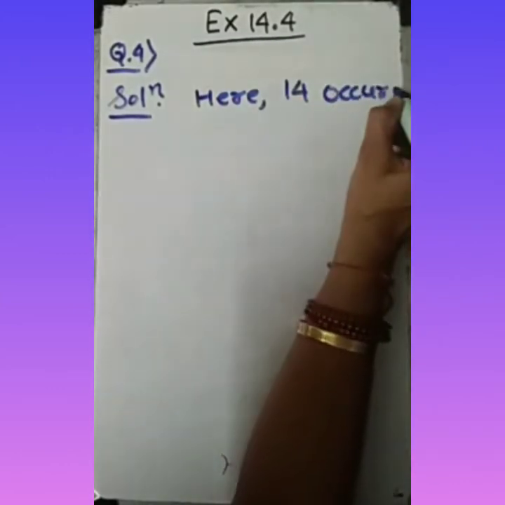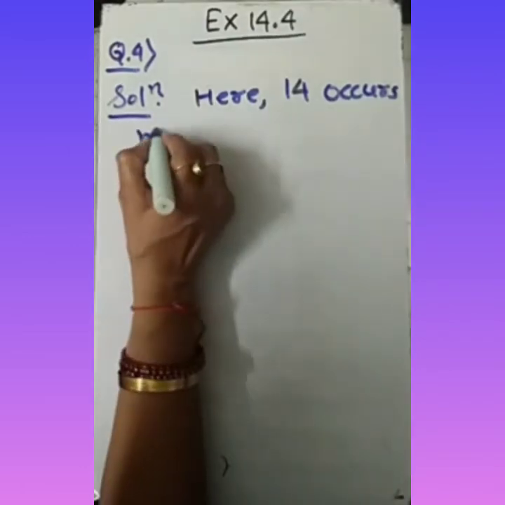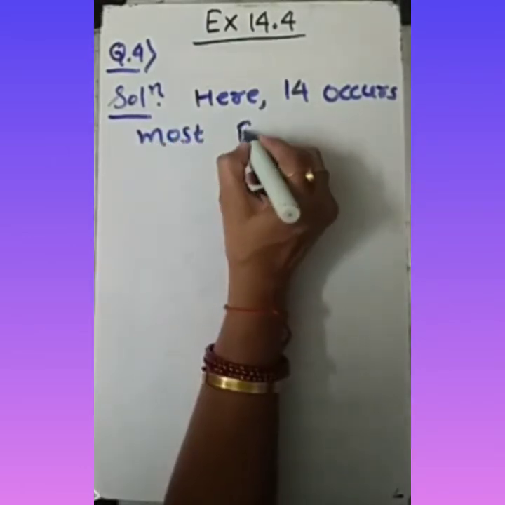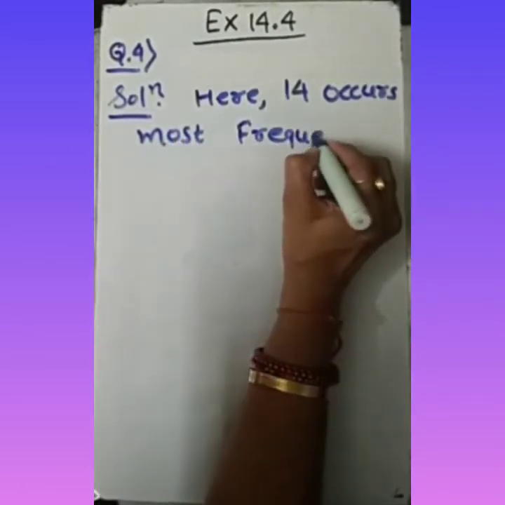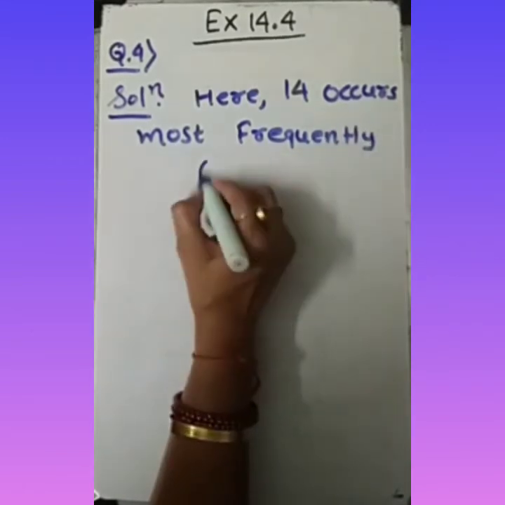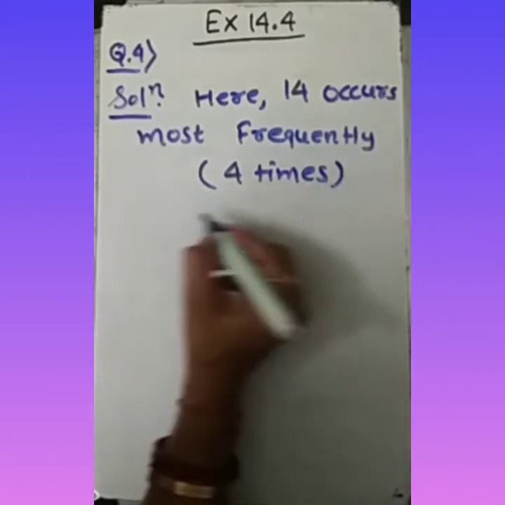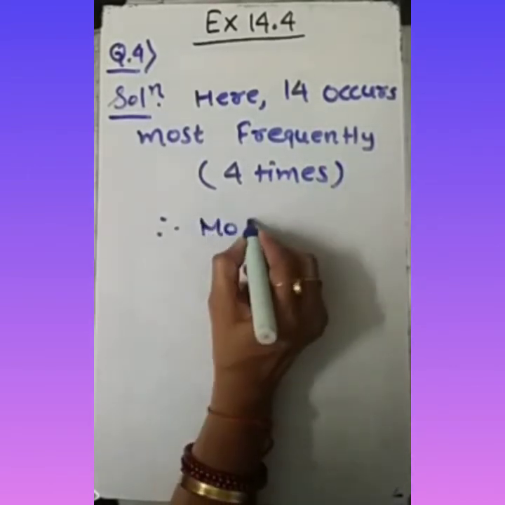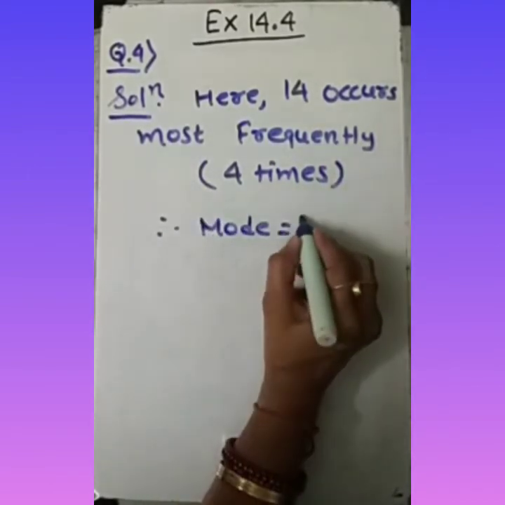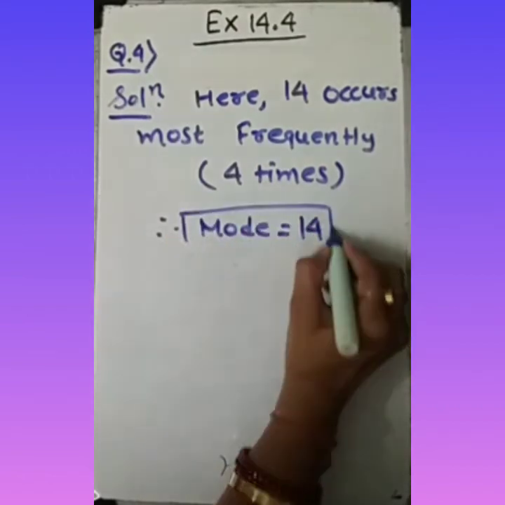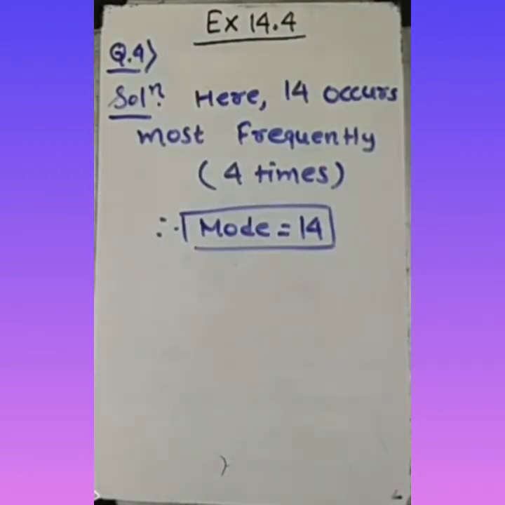Okay, 14 occurs most frequently. We use the word repeated or frequent. And how many times is that? It occurs 4 times. Therefore, the mode of the given data is 14. It is very, very easy. Clear to you?